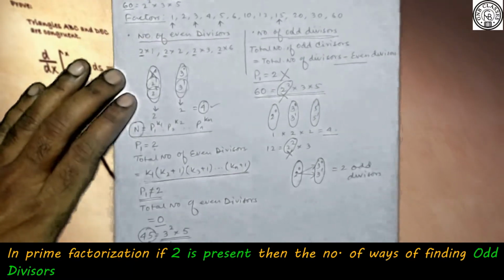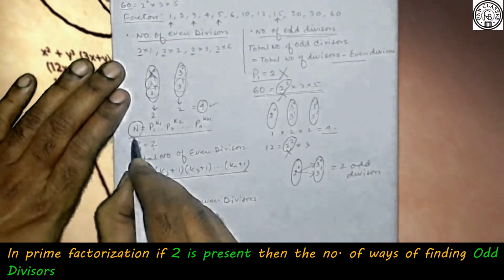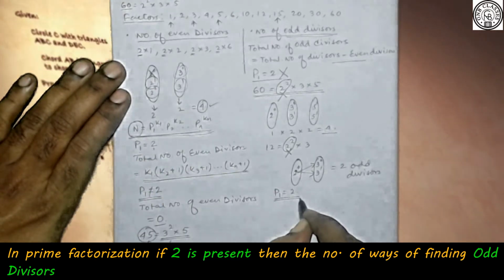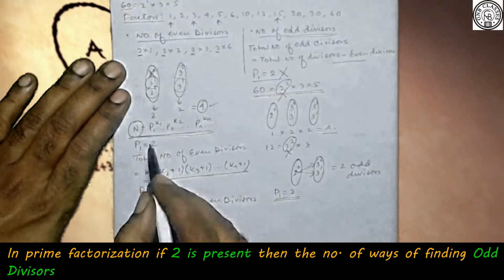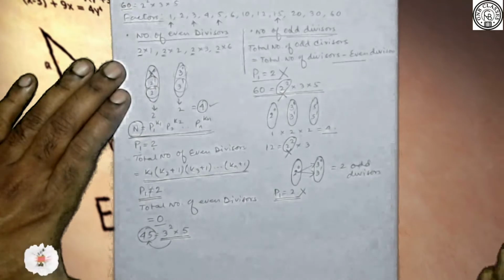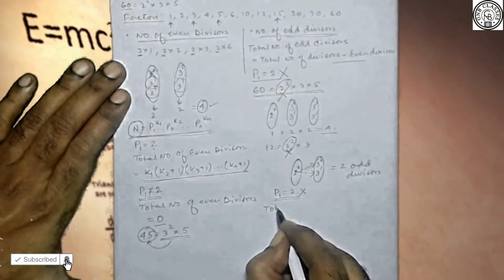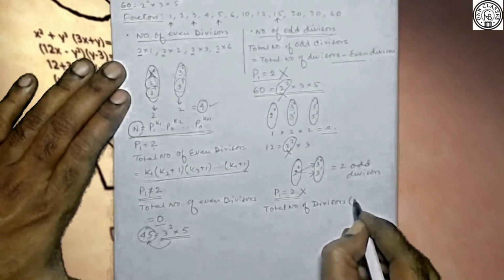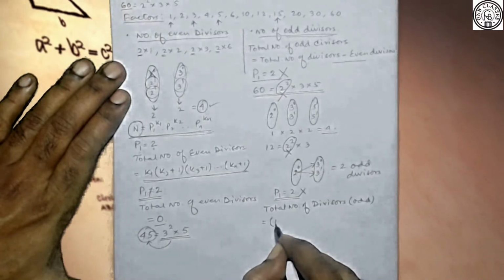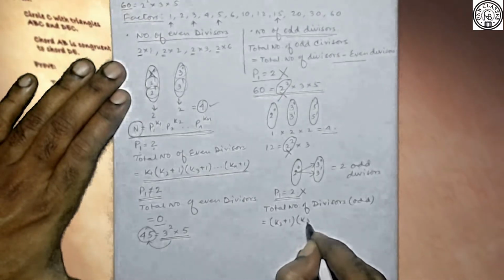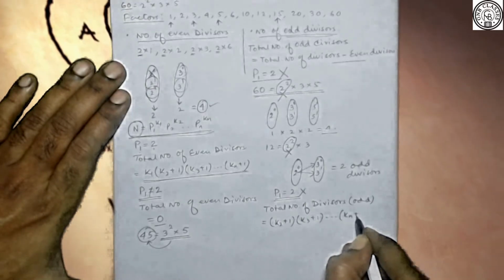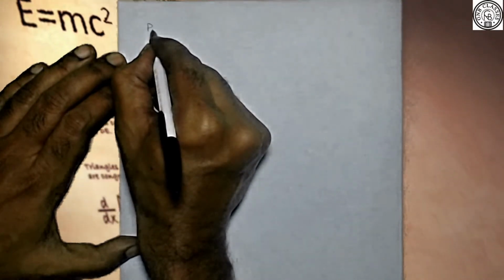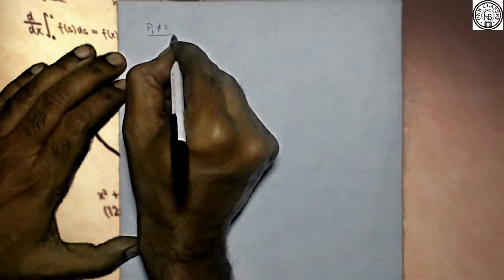So how to generate a formula? When we find that in the prime factorization of any natural number there is 2, say P1 is 2, then we will simply reject that part. The total number of odd divisors will be nothing but (K2 plus 1)(K3 plus 1) and so on, (Kn plus 1). That's it. And say in the prime factorization there is no 2, that is, P1 is not equal to 2.